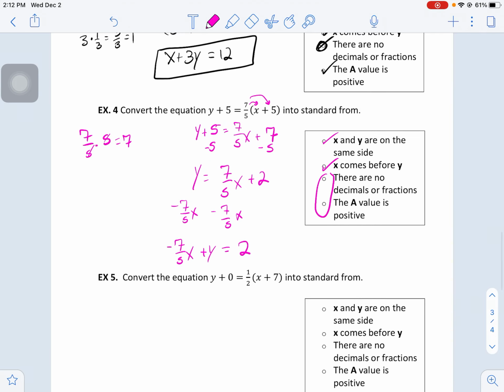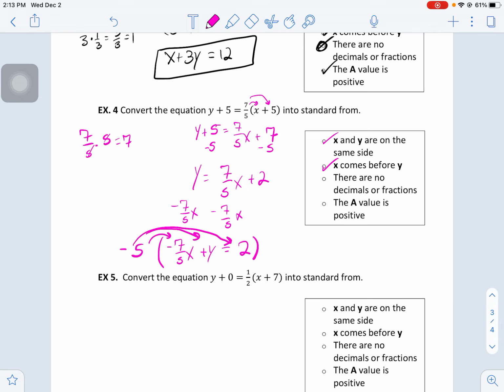For these last two, though, we still have a fraction, and then our a value in this case is not positive. So we're going to do both of those things in one fell swoop. If we take the whole thing and multiply it by 5, that would get rid of the fraction. If we multiply it by -5, then this negative would become positive. So that's what we're going to do. We're going to multiply the whole thing by -5.